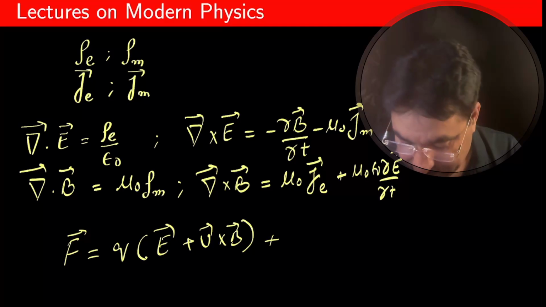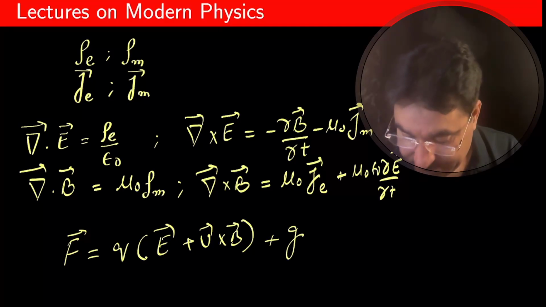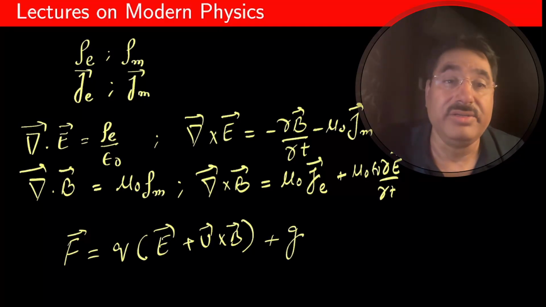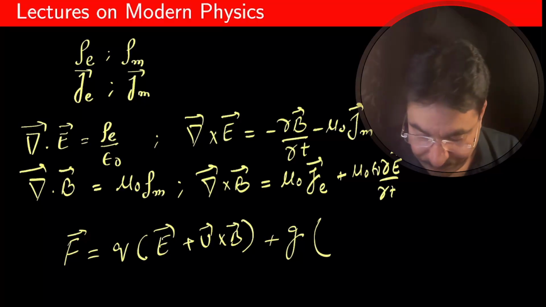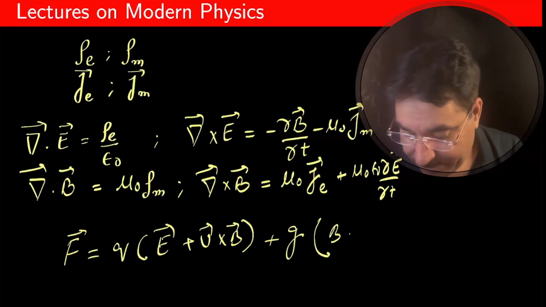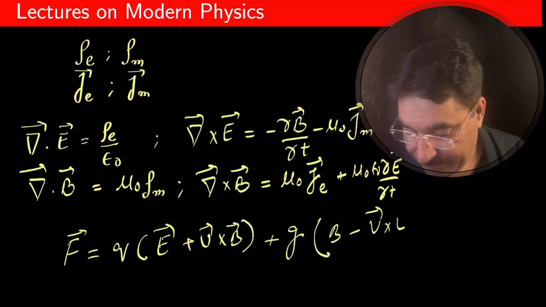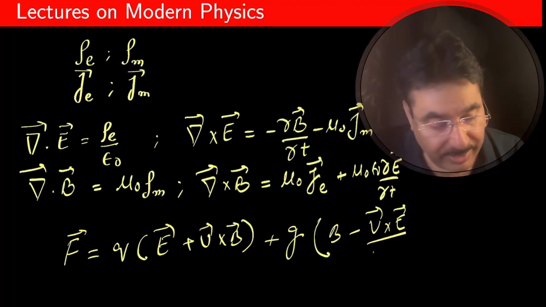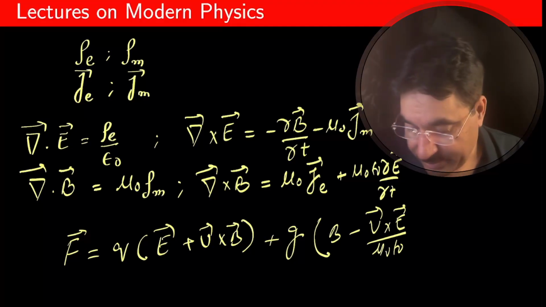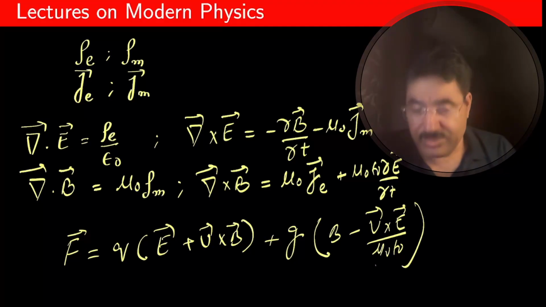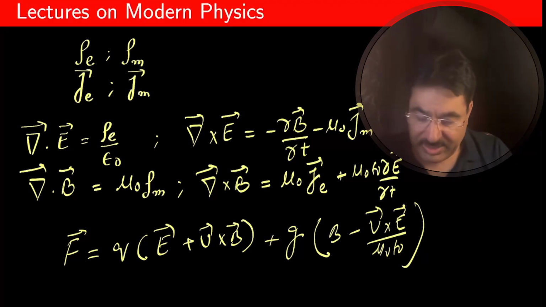So therefore, we'll say that it would be G, the magnetic charge, times B minus v cross E divided by mu naught epsilon naught. These mu naught and epsilon naught put everything in proper units. You need to see that the dimensionality makes sense. Fine.